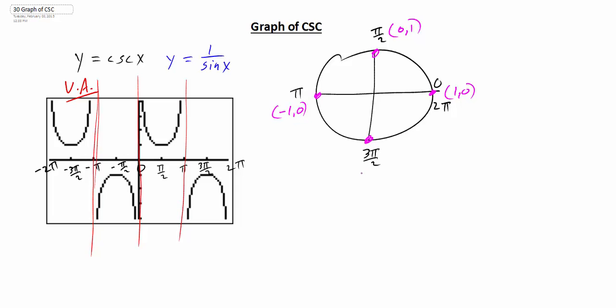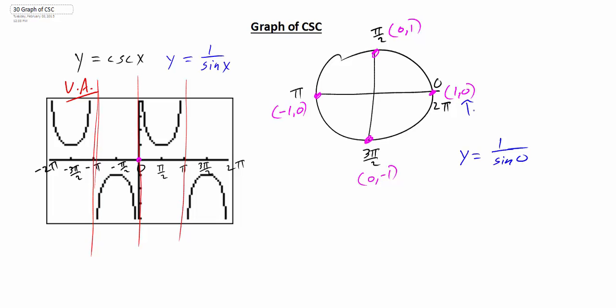then we're going to notice what's happening, hopefully. So if we look at this point here at 0, we have a vertical asymptote, because remember, the cosecant is the reciprocal of our sine. So when we're trying to calculate the cosecant, for example, y equals 1 over the sine of 0 radians, and sine is our y value.